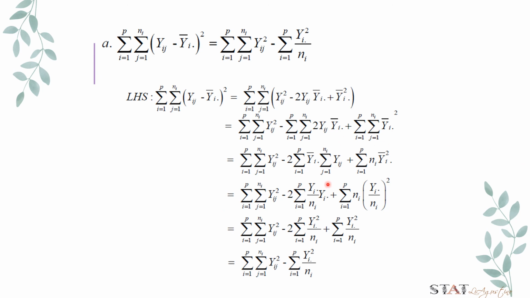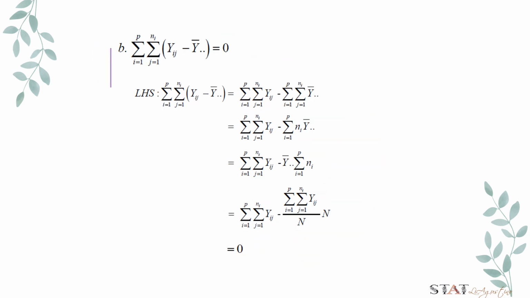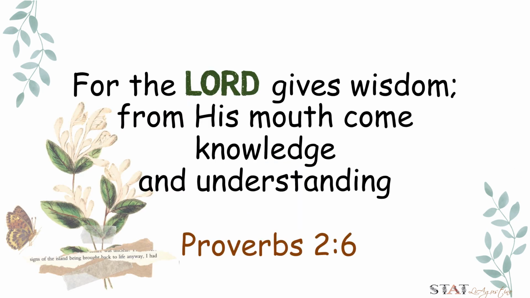But you don't need to prove it. You just have to apply its principles. And also this one, the deviation from the mean. So for any deviation from the mean, the summation of the deviations from the mean will always be 0. It will be discussed later, but the same principles came from the double summation notation or two-way summation notation.